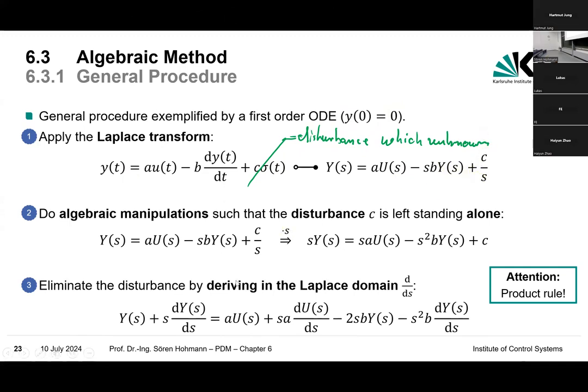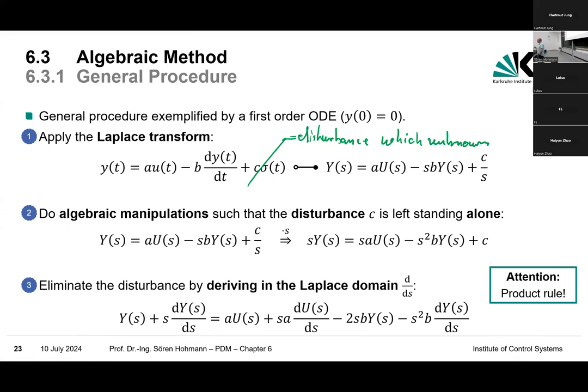That's nothing mysterious. Now, we use something which you might have learned during your signals and systems lectures, a trick which works in the Laplace domain very well, but also in complex analysis, integral transforms. You learn something like the derivative of a Laplace function.